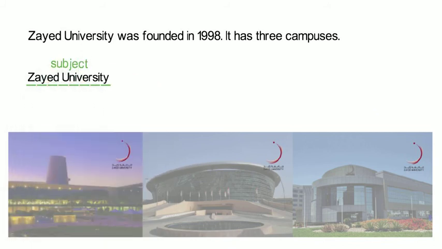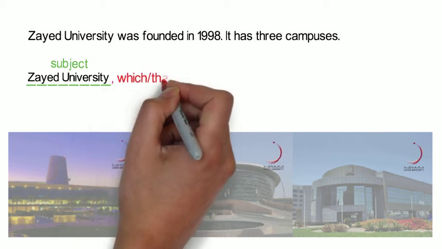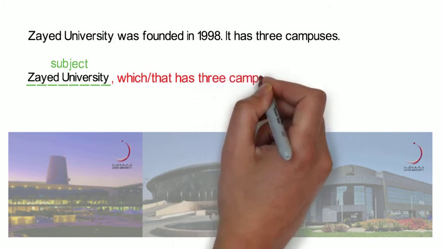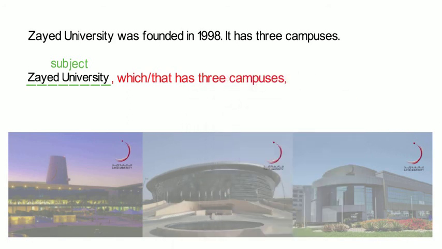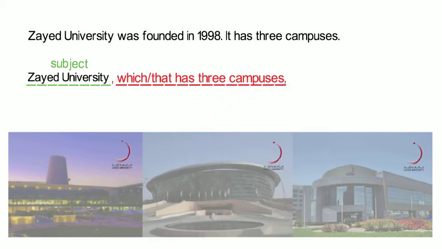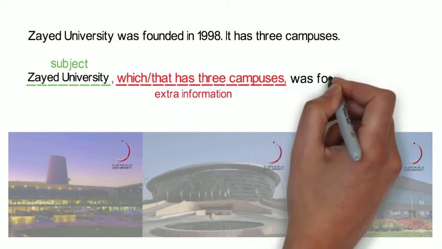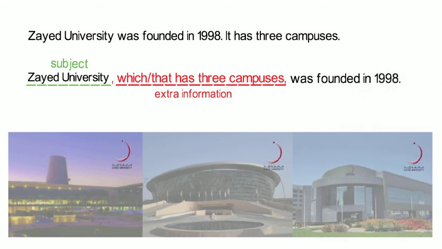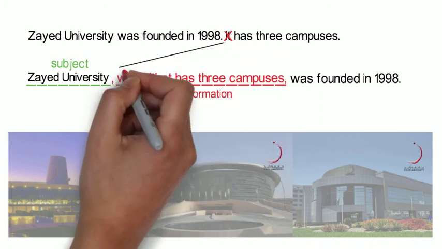Now, what relative pronoun will we use? That's right. We need to use which or that. After Zayed University, we add the extra information, which is the relative clause, using information from the second sentence. So it should be, Zayed University, which has 3 campuses, was founded in 1998. You do not need to use the word it, since it refers to Zayed University, which is already written.